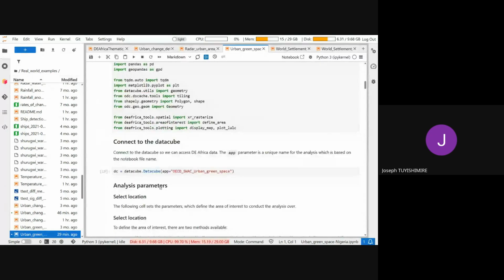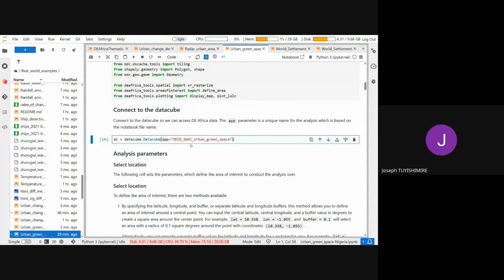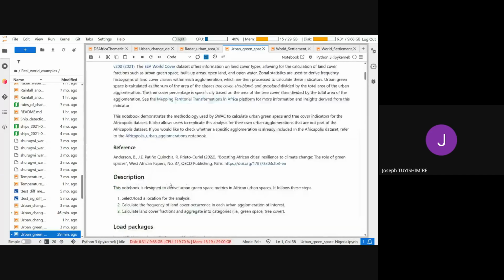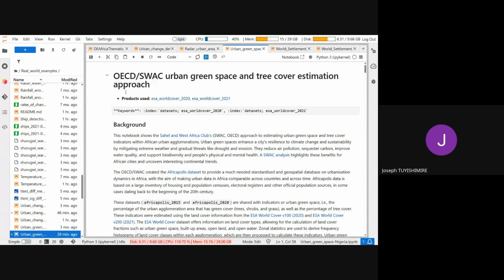We import packages, also a reader function for SWAC. This is SWAC, which means the Sahel and West Africa Club.